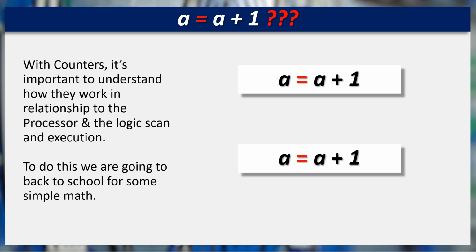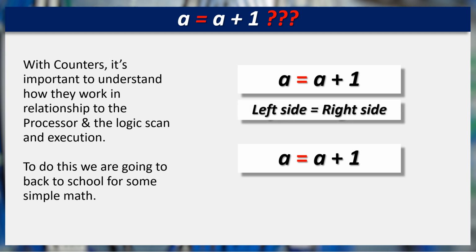Now in mathematics, that cannot be true, because the equal sign says that both the left and right side are equivalent. They're the same. In order to fix that, we would have to say that A does not equal A plus 1. But in programming, it's a different equation.